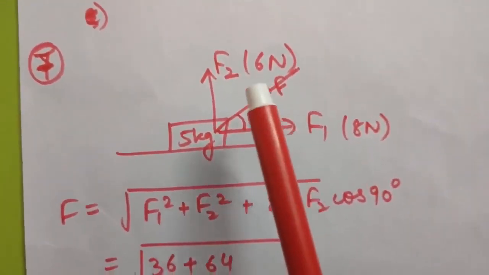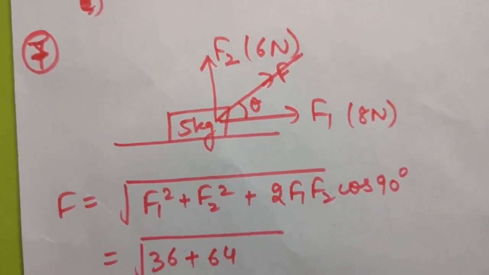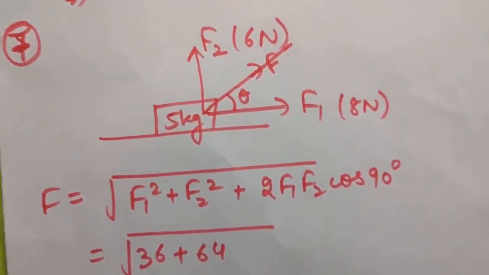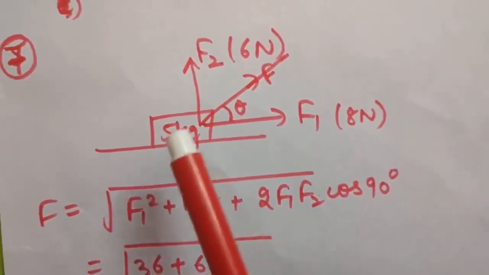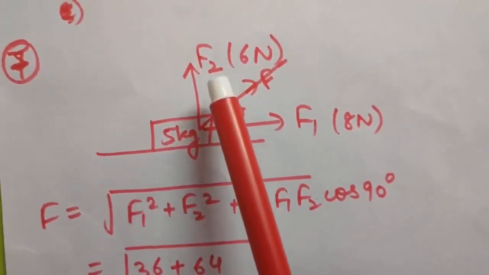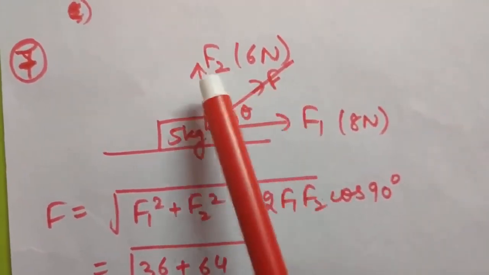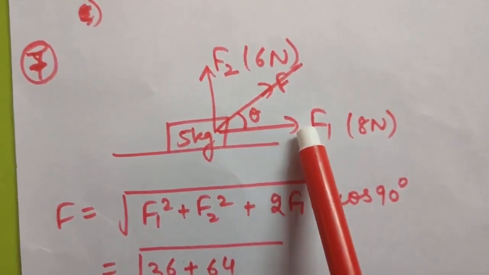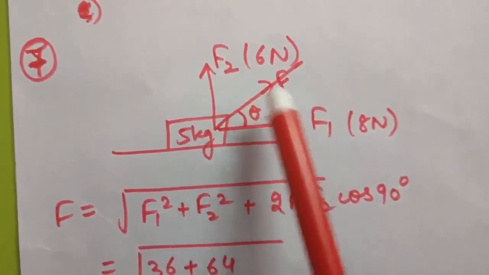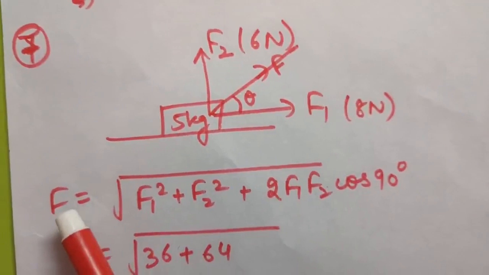See, now you know F is equal to ma. So to calculate acceleration, you need mass and force on the body. Mass is given in the question already. So we have to first of all calculate net force to get the acceleration. So now net force will be the resultant force of these two. Now you know how to calculate resultant.